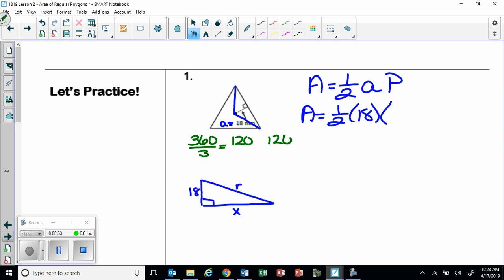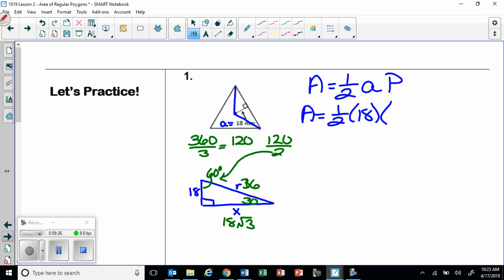Cut that in half for the measure of your angle in your triangle. It's another 30, 60, 90. But this time, right, they gave me the short side. So double 18, my radius is 36, and my long side here is going to be 18 square root 3.